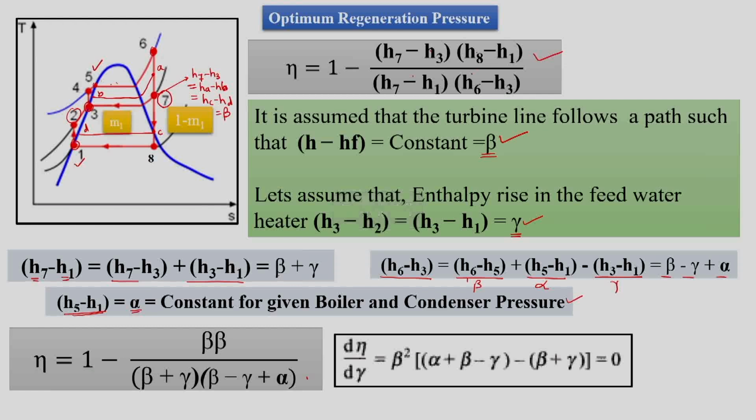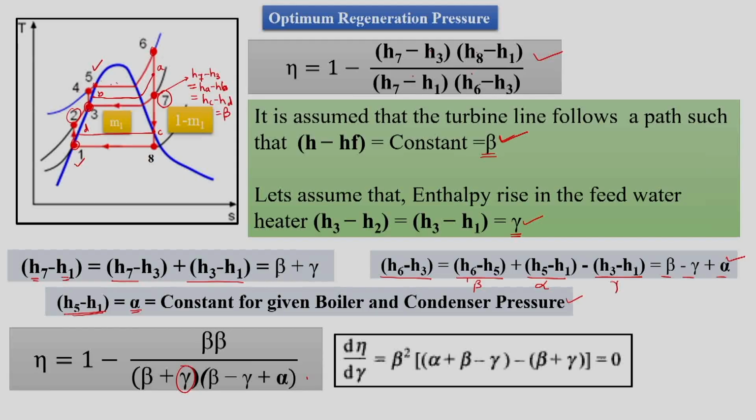Here beta is a constant, and alpha is also a constant. So, the only variable is gamma, the actual feed water heating enthalpy difference, and the optimum case will lead to maximum efficiency.